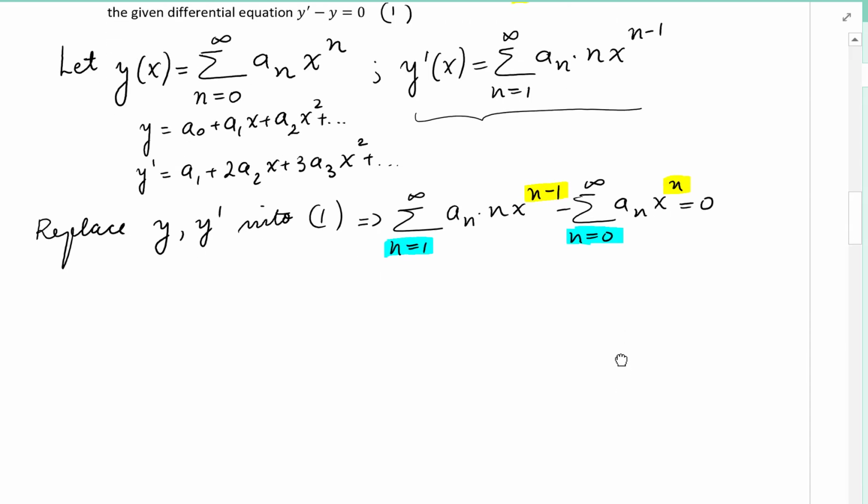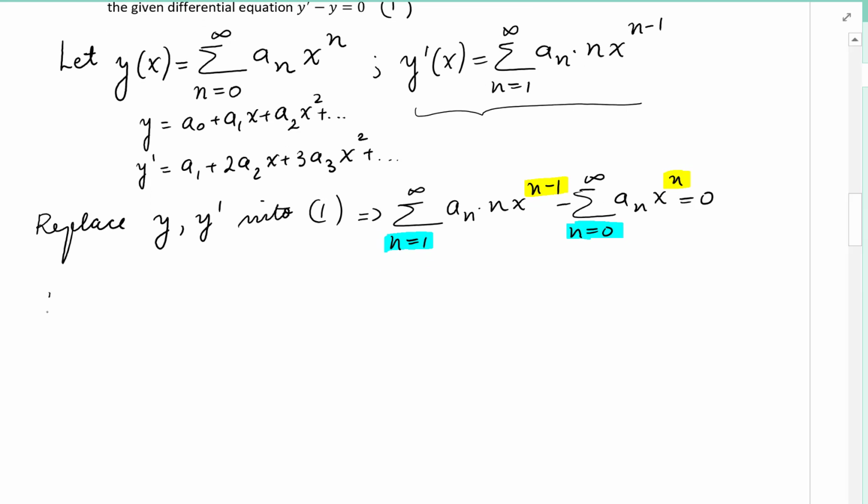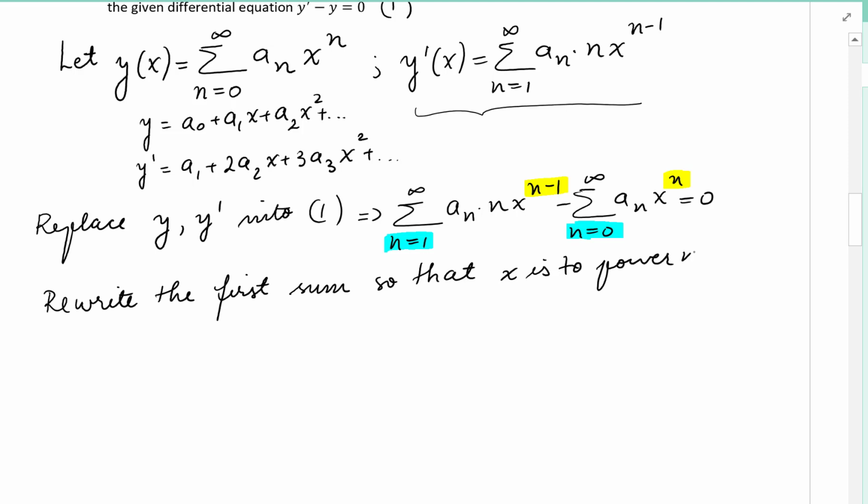So the very first thing that I'm going to do is rewrite the first sum so that x is to power n. So right now we have x to n minus 1.